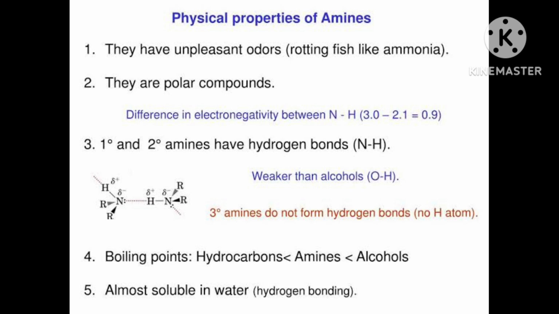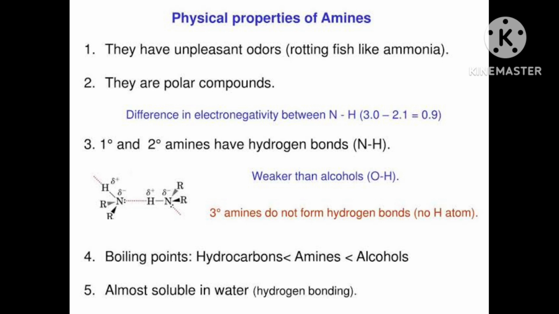When it is making only one bond, the boiling point will be less. I told you primary, because it has two hydrogens, hence its boiling point will be more, because two hydrogens are there, they can make more hydrogen bonds with other amines. And in secondary only one hydrogen is there. Here also they will make bonds, but fewer hydrogen bonds.